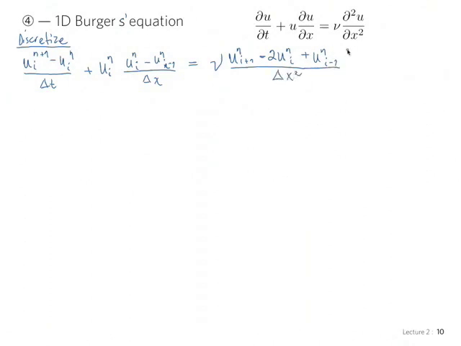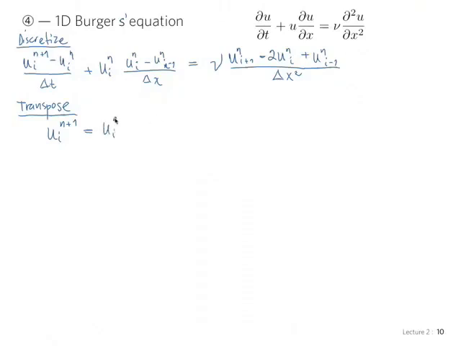Here's our discretized equation, and now we want to rearrange the terms so that we can have a time marching formula where we isolate the only unknown, which is the value at time n plus 1, as a function of all the variables in the previous time.